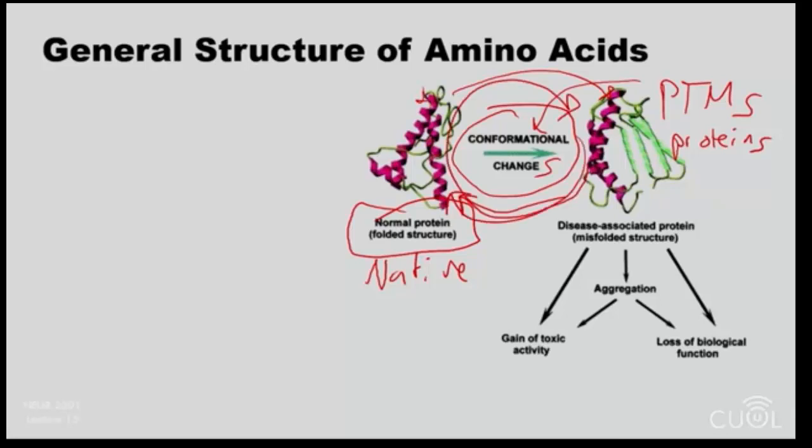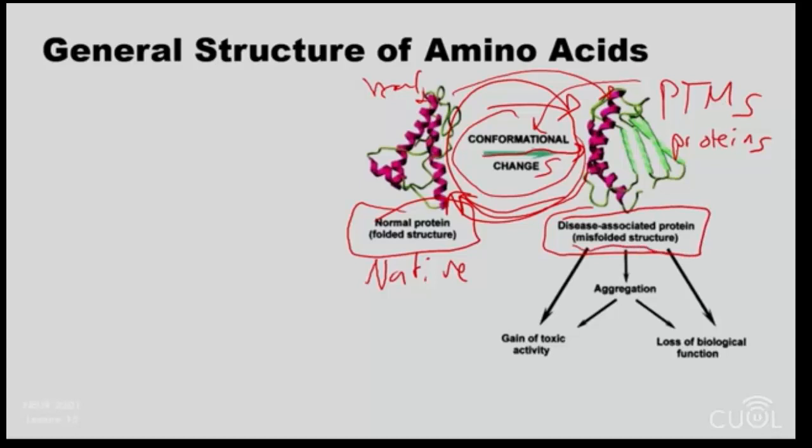So you can also add heat, right, to egg whites. Okay, so if you heat up an egg white, it goes through a conformational change, and then it's done, right? It's very difficult to get it back to that liquid state. And in some cases, this is what people refer to as going into the disease-associated protein or the misfolded structure, right?